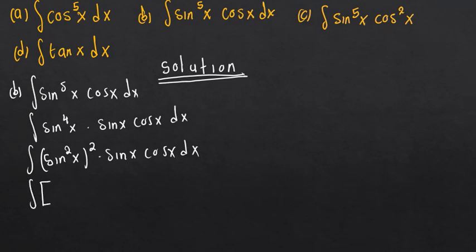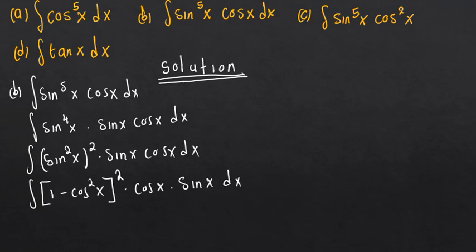This part can also be written as 1 minus cosine power 2x, all to the power 2, then cosine x, then we have sine x dx.